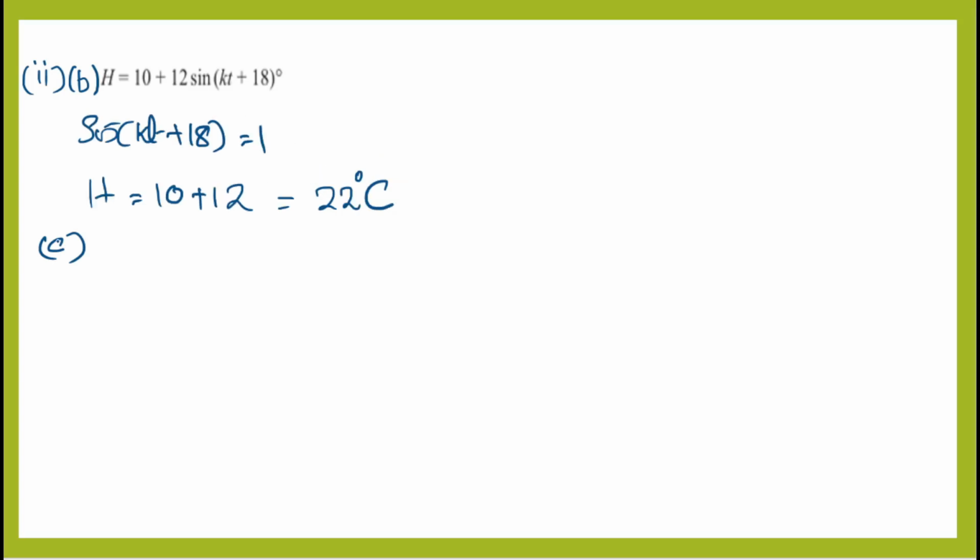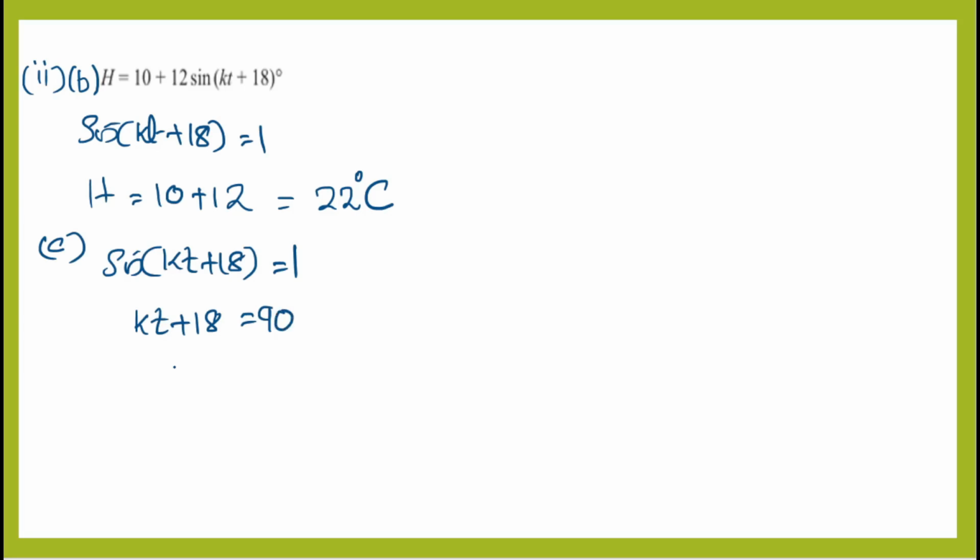Now for part C, we need to find the time of a day at which the maximum temperature occurs. That is, for maximum temperature, sine of (kt plus 18) equals 1. That means kt plus 18 as 90.